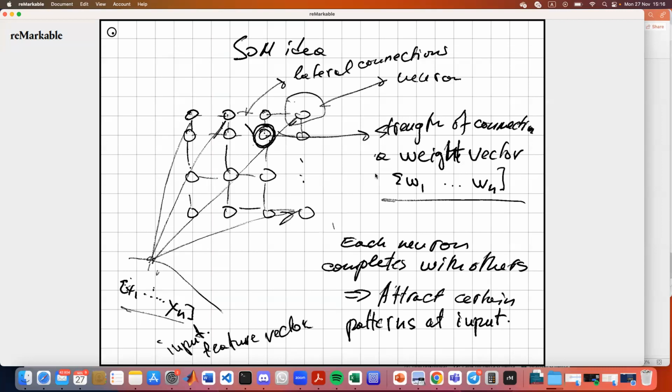The most attractive, or in other words, the winning neuron.